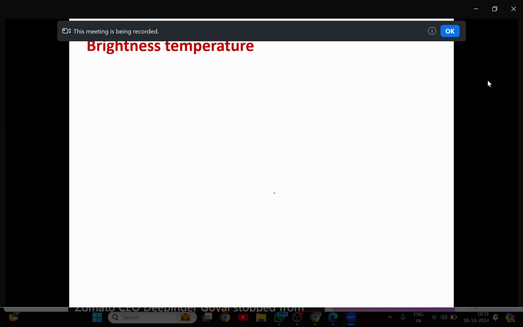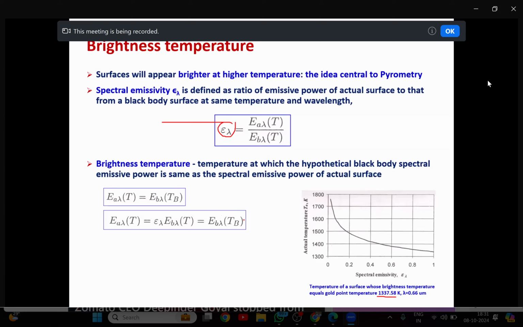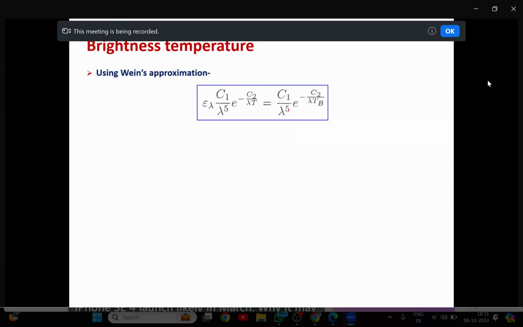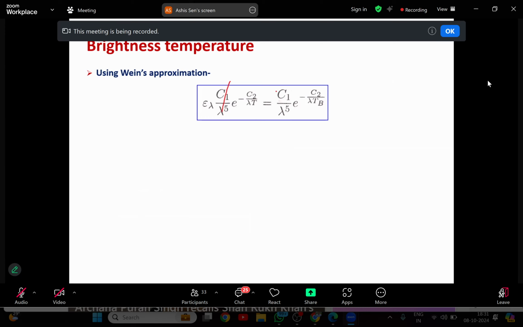The right-hand side is E_b lambda T_B, so that will be C1 over lambda to the 5 e to the power minus C2 over lambda T_B. So the C1 by lambda to the power 5 will get cancelled, right?